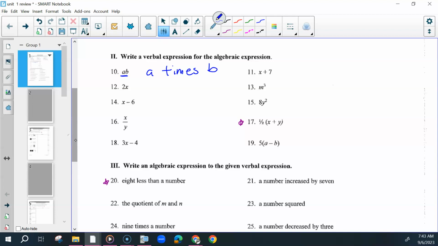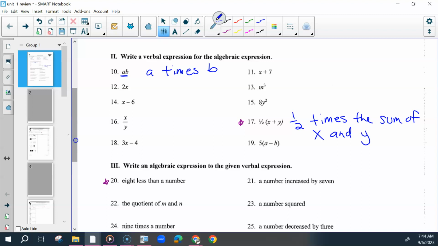We could do that. 1/2 times the sum of. And then because we said the sum of, we already know that we're going to be adding. Yes. So you can either put x and y, or you can put a number and a different number. You could say a number x and a different number y. All of those different things. I'm just going to say x and y.